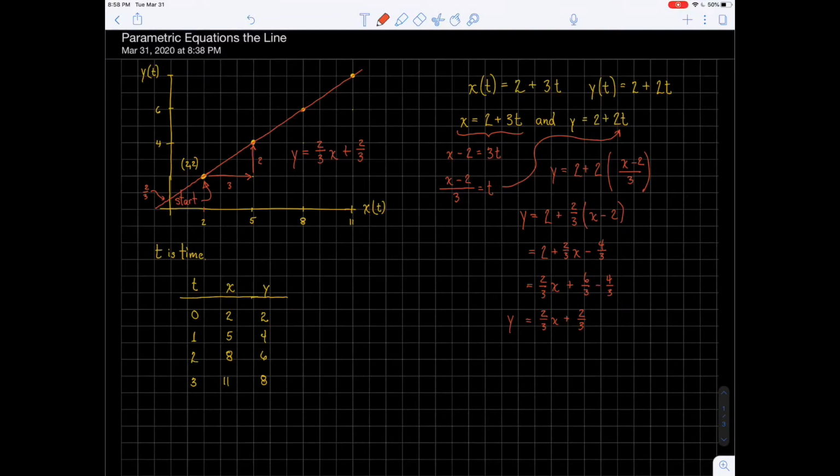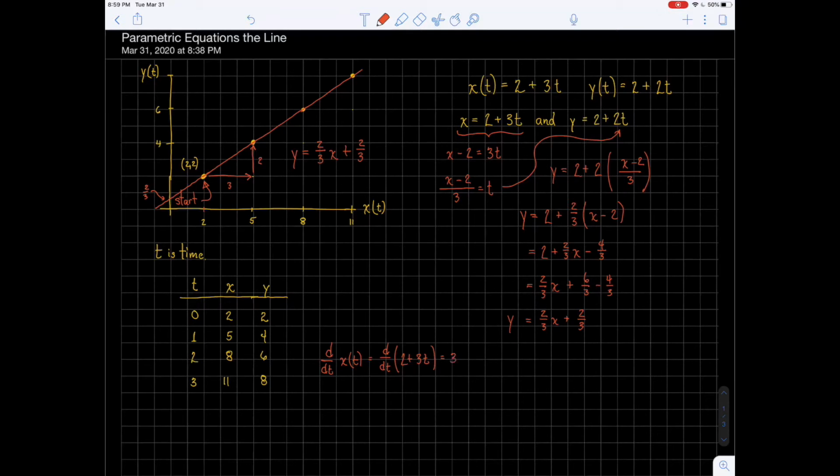Now there's one more thing, and that is this. Notice that if I take the derivative with respect to t, because t is my variable in x of t, this is going to be the derivative with respect to t of 2 plus 3t.